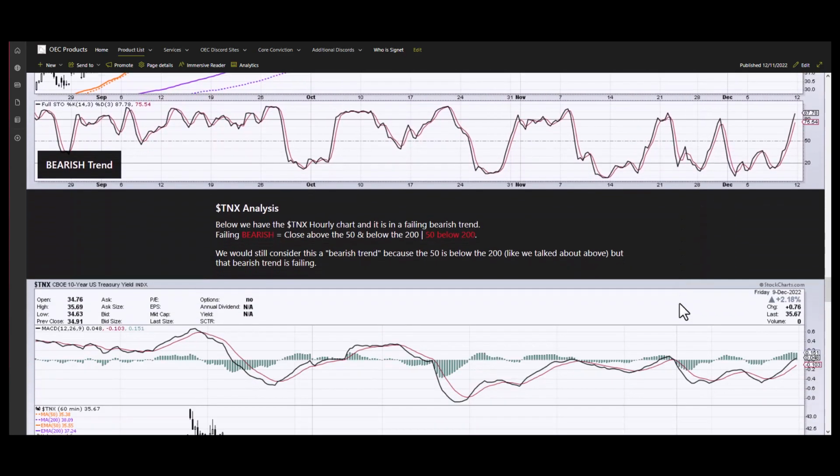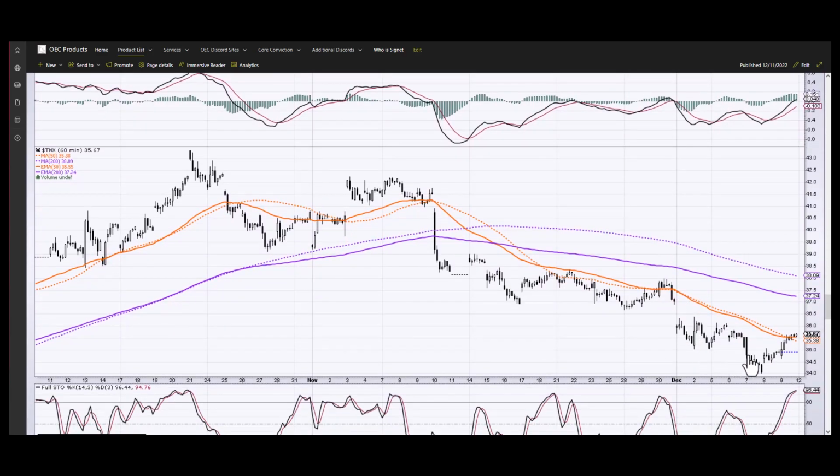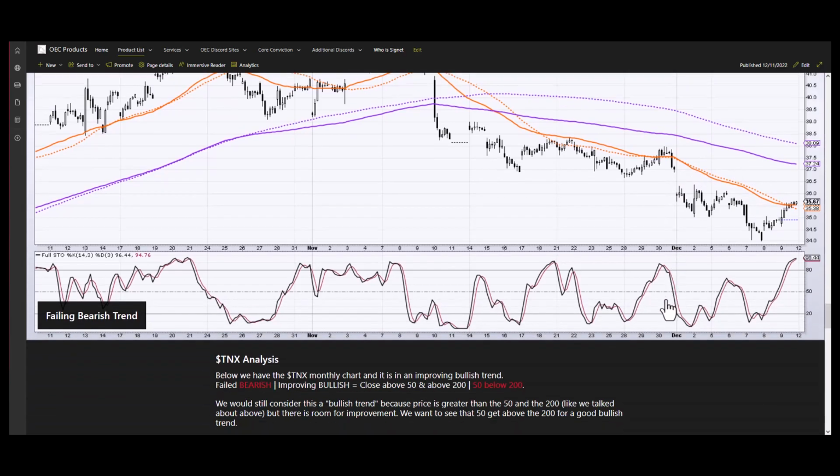of those. And then here we've got a bearish trend that's failing, and that's because price has come back above the 50 but is still underneath the 200, when the 50 is underneath the 200.